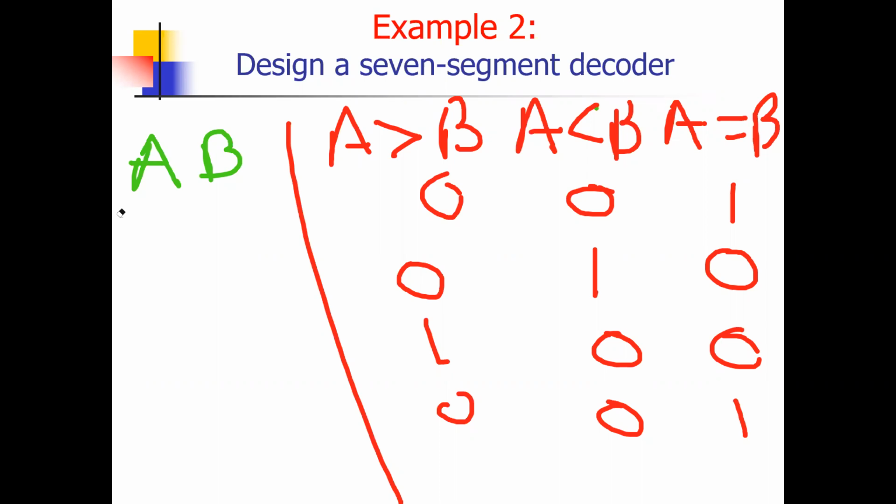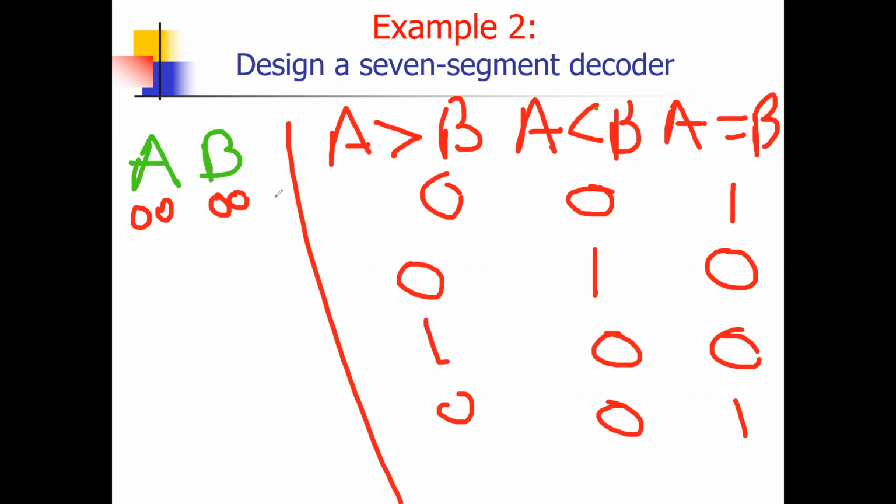Now if I want to do 2 bit, A has 2 bit, B has 2 bit. A has 0, 0, B has 0, 0. How many combinations? 4. 4. So how many combinations then? 16 combinations.